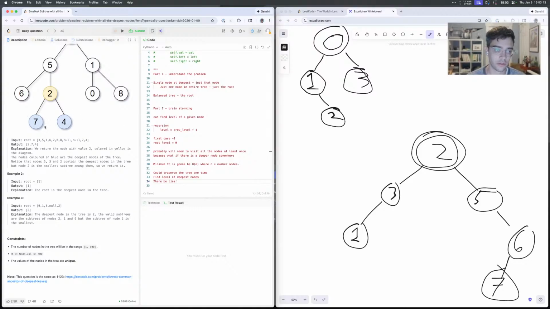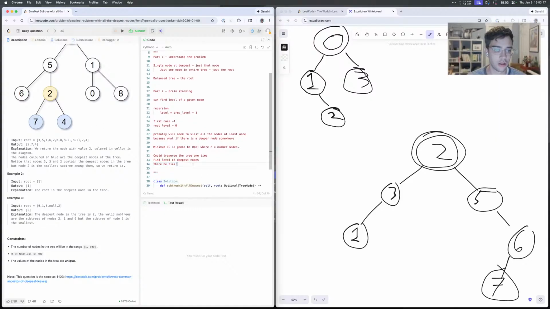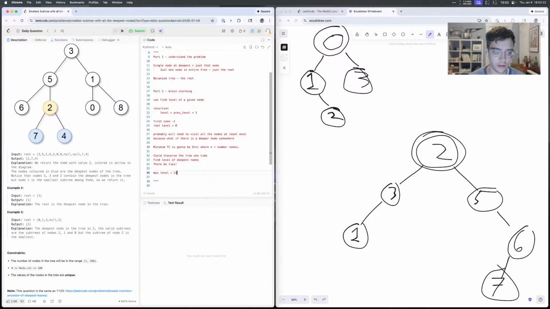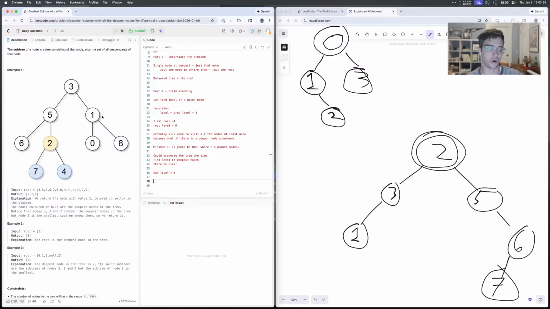Like these two nodes are deep, they're at the same level, that's a tie. And then we have max level equals, in this case, 0, 1, 2, 3, so 3. Then what do we do with that? So I guess it's find a node where all the nodes below it are that level, something like that.